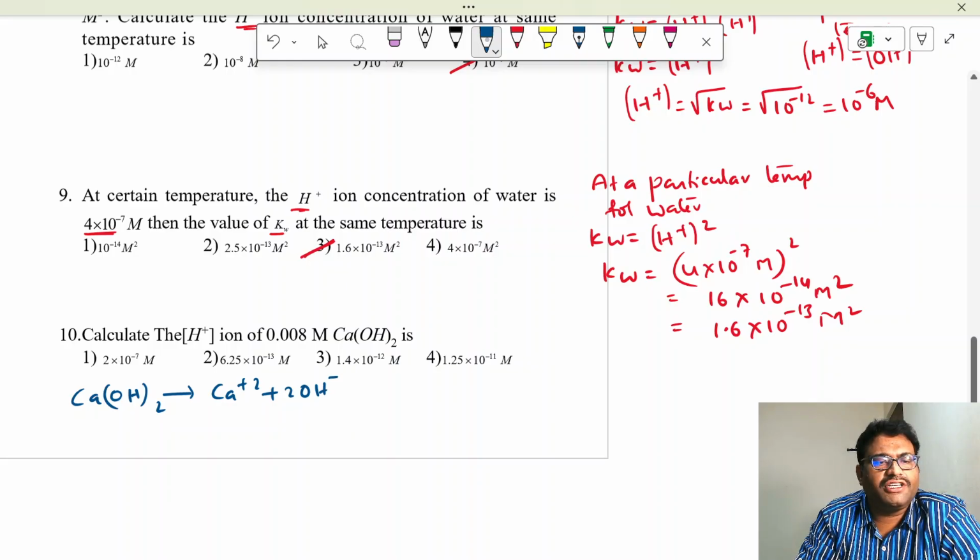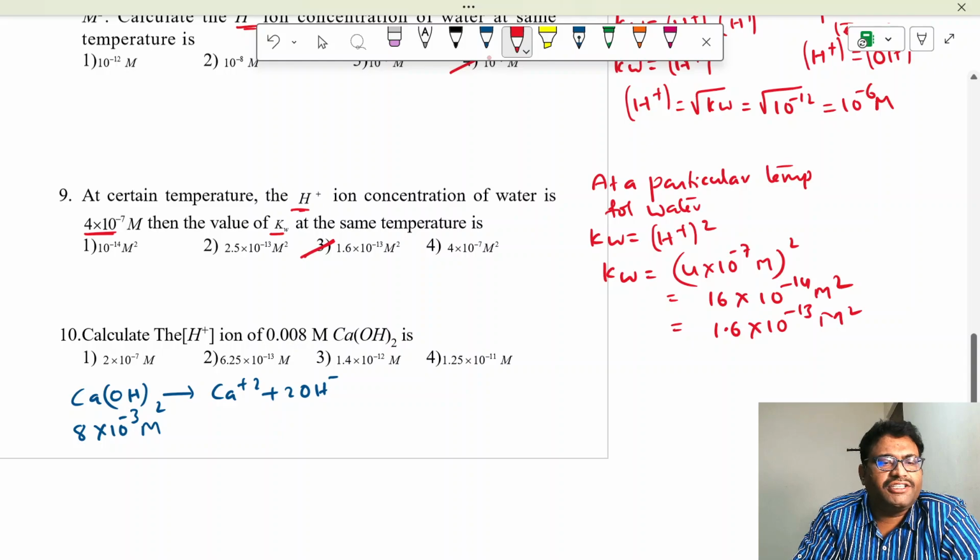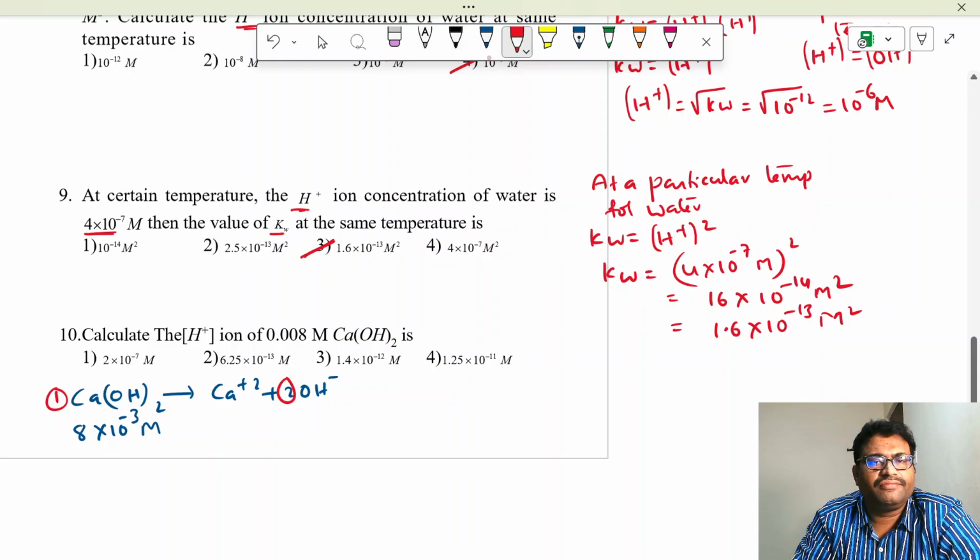Here its concentration is 8 into 10 power minus 3 molar. So 1 mole of calcium hydroxide on dissociation gives 2 moles of OH minus. So how much amount of OH minus is produced? 2 into 8 into 10 power minus 3. This much OH minus is produced.